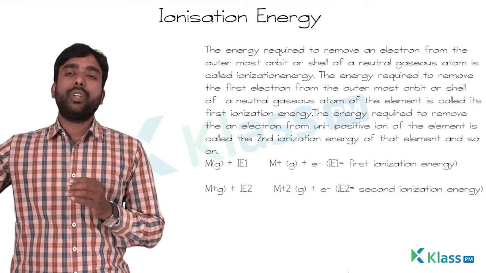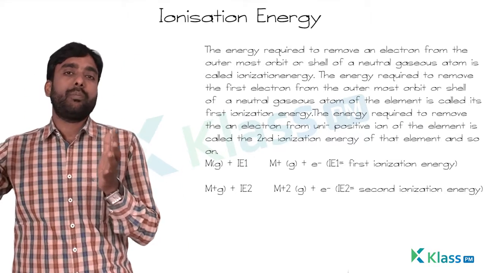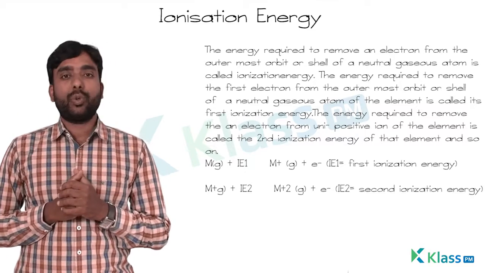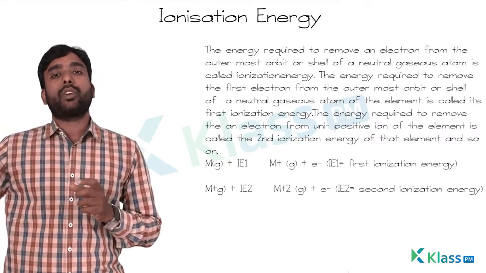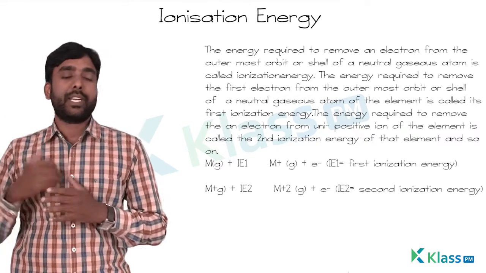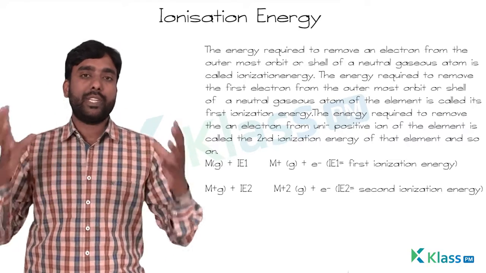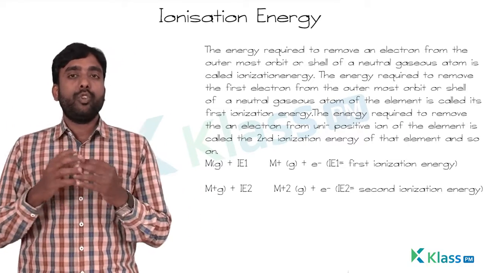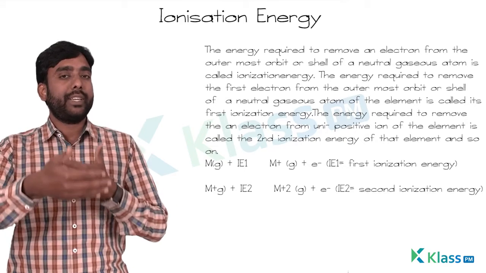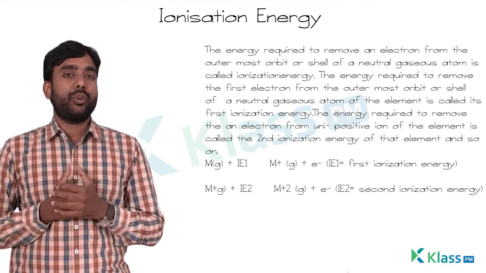When compared to the 11th electron, the 10th electron is much closer to the nucleus, so to remove the 10th electron you have to give more energy. You understood? Once again, in sodium, which electron should be removed first?